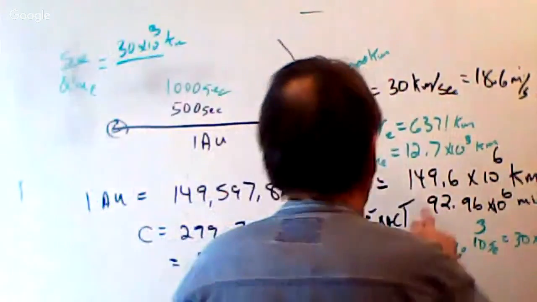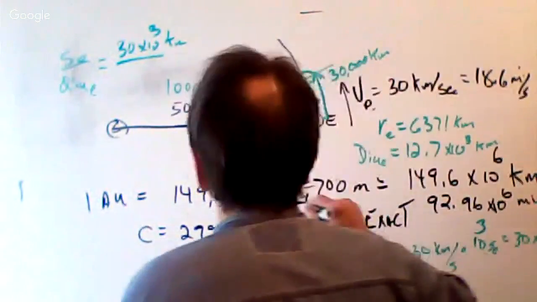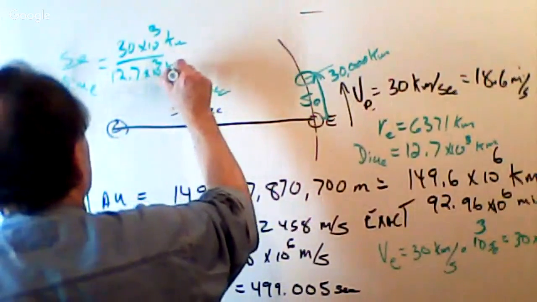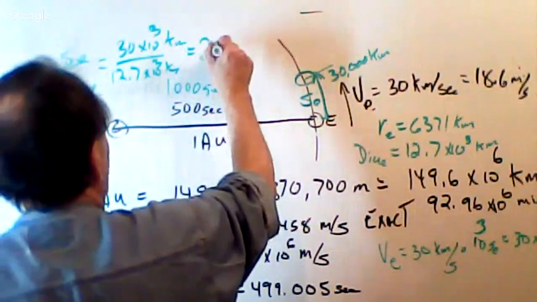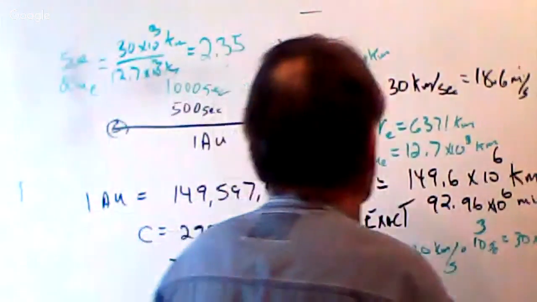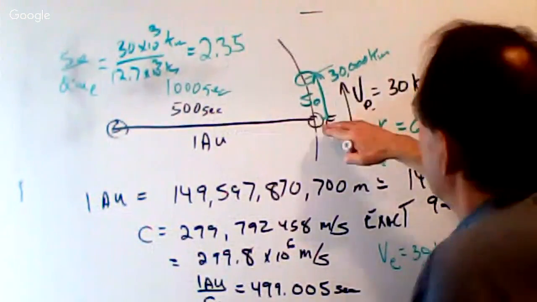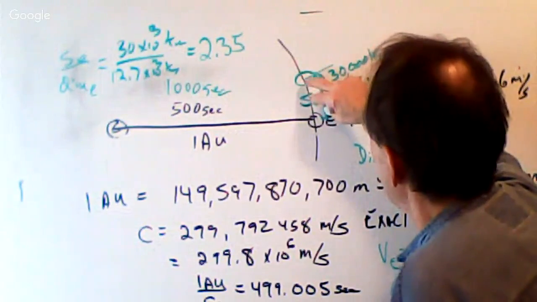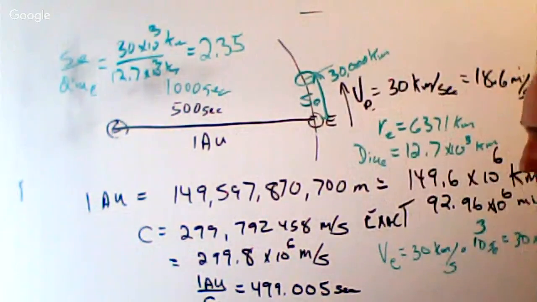And we're going to divide that by the diameter of the Earth, which is 12.7 times 10 to the third kilometers. And this comes out to 2.35. So in that 1,000 seconds, the Earth has only traveled less than 2.5 diameters.